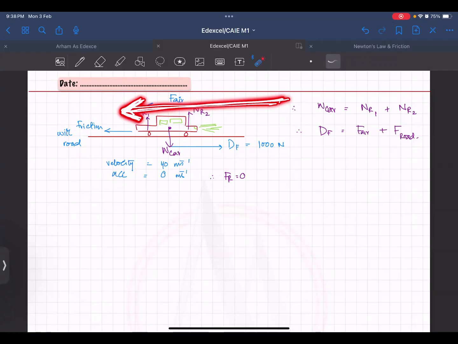So what would happen to the car? Nova, Nadia, anyone? Murtaza? No one? Any suggestions? Anything?